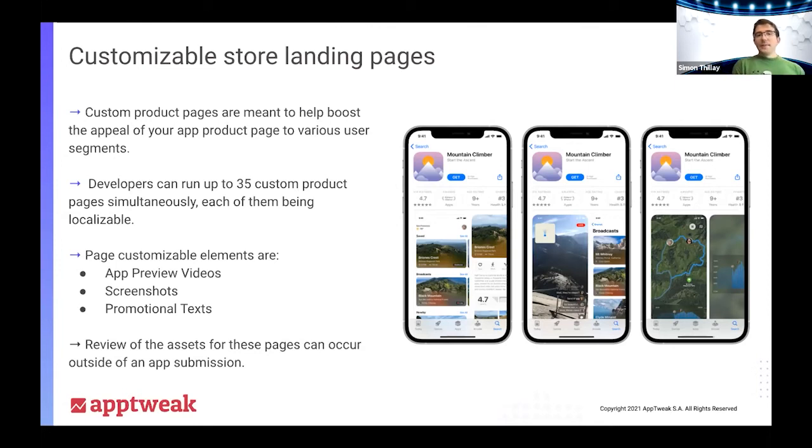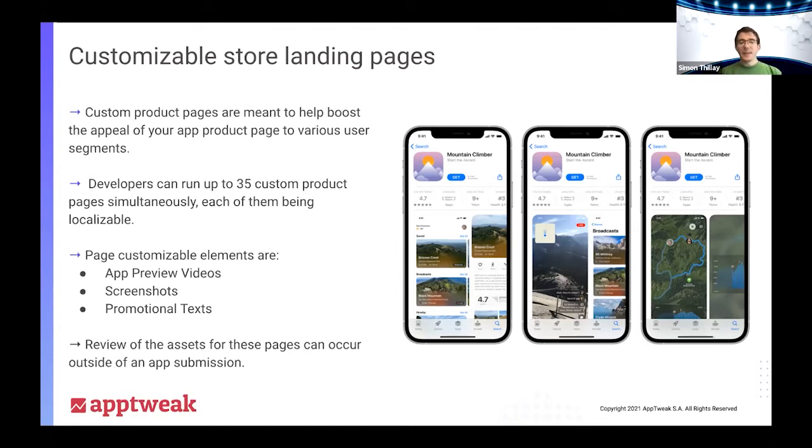Basically, what you will be able to do with this feature is change the screenshots, the videos, and the promotional text of your App Store page to whatever makes more sense to someone who would be arriving on your store page via URL. What's very interesting is that you can run up to 35 custom product pages. Each of them can be localized.